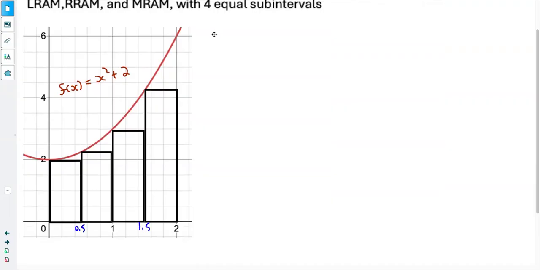Now, solving this, I'm going to say L4, because it's the area for 4 intervals, is equal to 1/2 times f of 0, because f of 0 would be our y value at the left side of our interval when x is 0. Plus 1/2, which is our width again, times f of 0.5, because that's going to give us this height here.